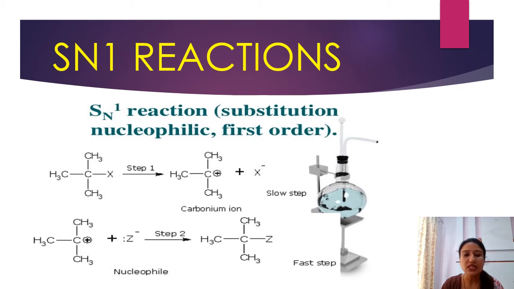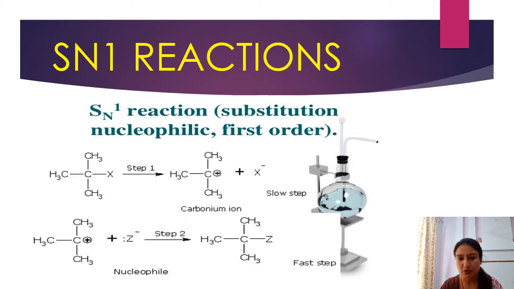Here in the picture you see that this is a two-step mechanism. In the first step, the leaving group detaches itself from the substrate and gives us a stable carbocation. In the second step, the carbocation is attacked by a nucleophile, and we get our product.